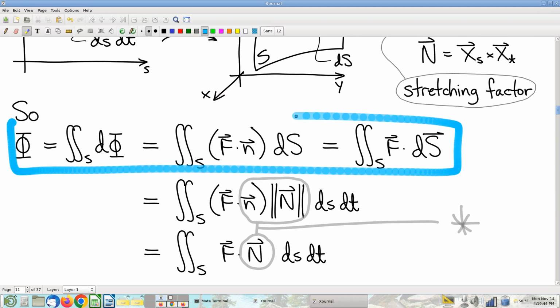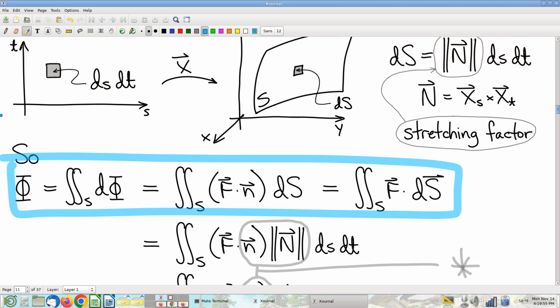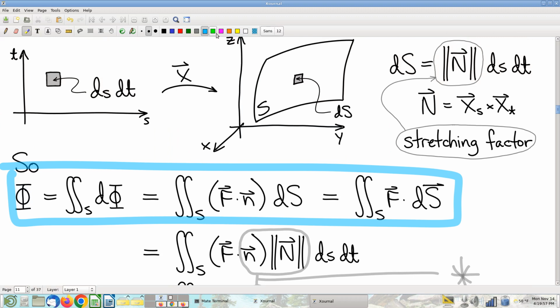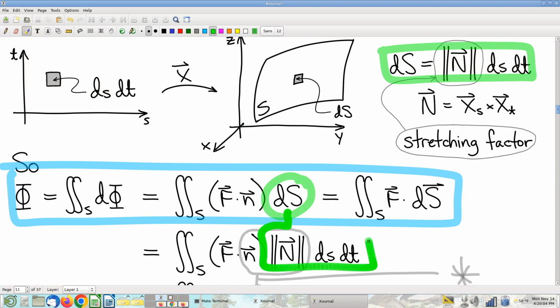So I'm just going to make the innocent observation that, having developed these formulas for how we compute flux, for vector surface integrals, all I really have to do to turn this into something I can compute with is recall that dS is the magnitude of capital N times ds dt.